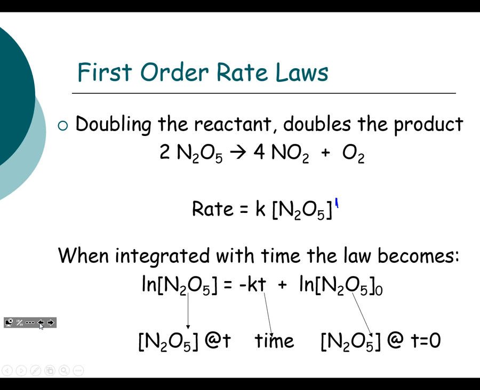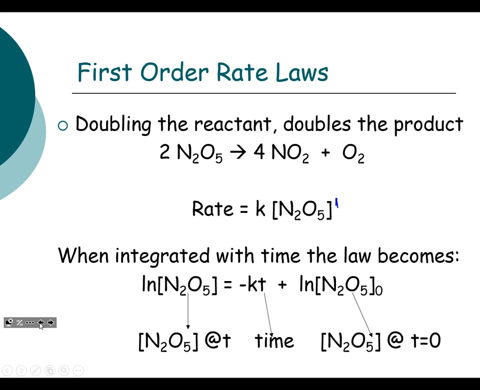But the first order integrated rate law has all the same components. It always starts with the natural log of your reactant at the time that you're concerned with equals negative Kt, where K is the rate constant that we would have previously determined and t is the time we're concerned with, plus the natural log of the concentration of the reactant at time 0.